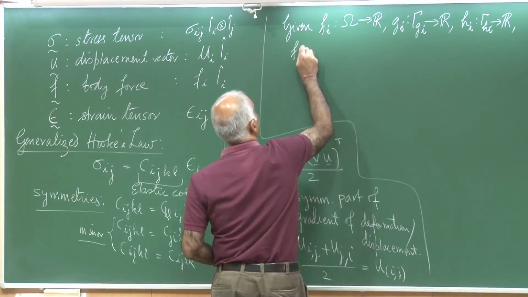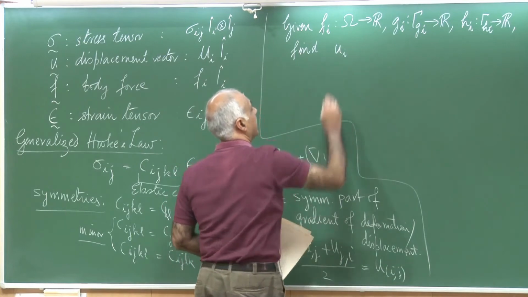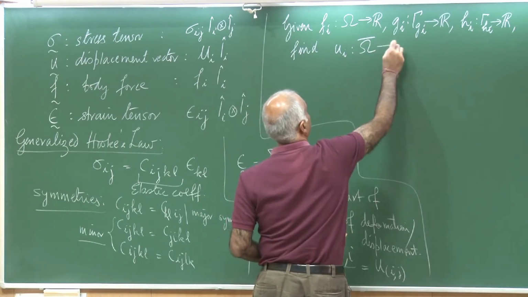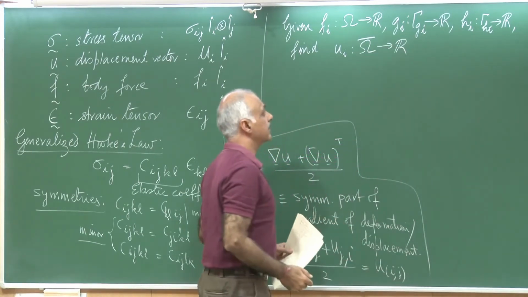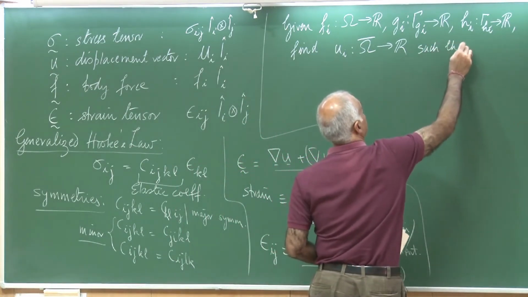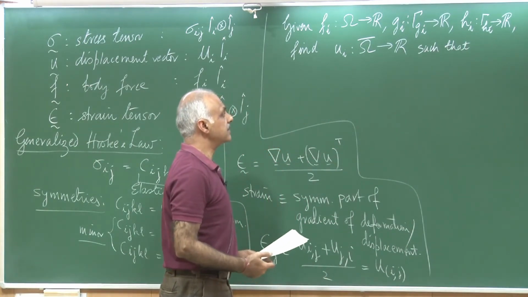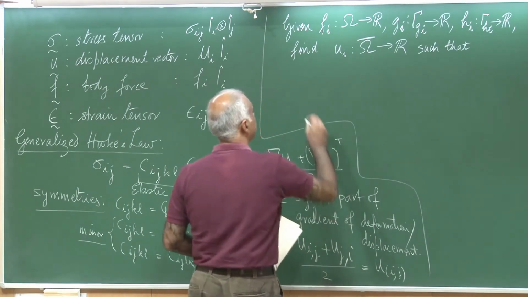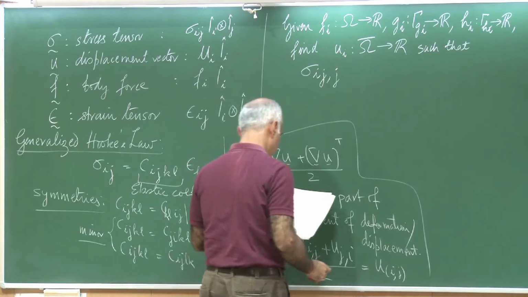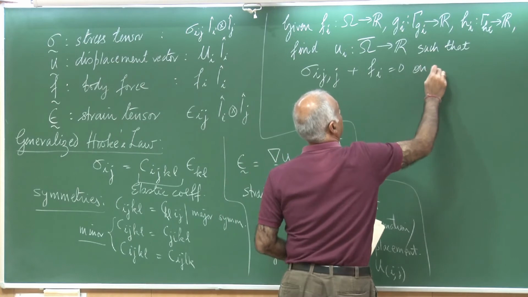I was supposed to find a solution u_i on the closed domain omega, again a real valued function, such that I will satisfy the equilibrium equation. So, that is a differential equation, and that is simply given as sigma_ij,j plus F_i equal to 0 on omega.